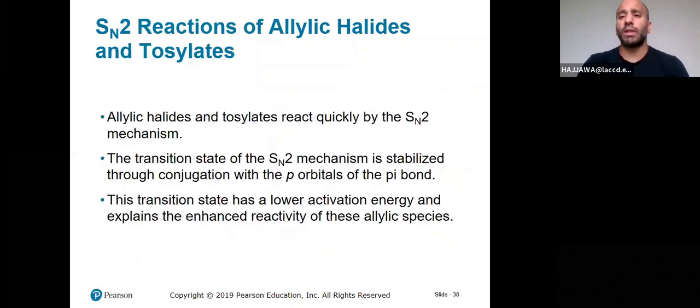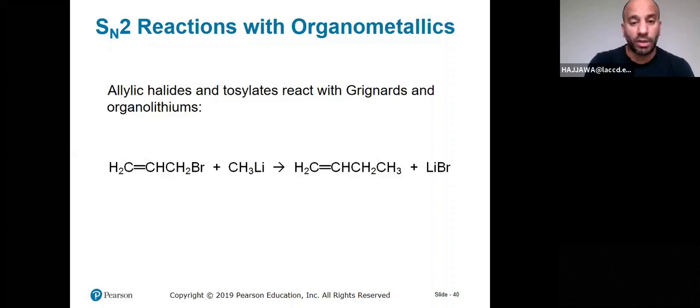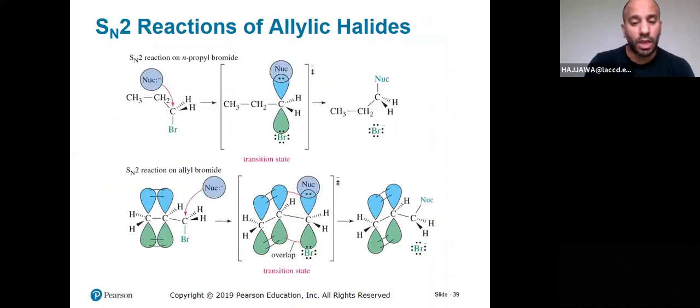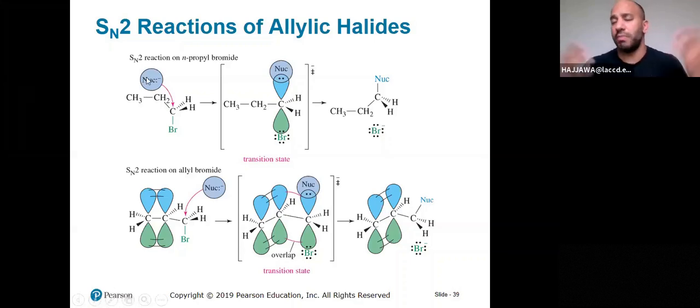The other chemistry that could also happen on the allylic carbon is the SN2 chemistry, meaning having an allylic carbon with a halide attached, I could actually have a strong nucleophile substituting that carbon. So as an example, we could probably see this. So having a nucleophile that's a strong nucleophile, could be CN minus, could be RO minus, could be anything that is a very strong nucleophile.